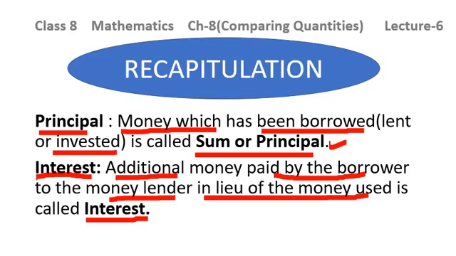So principal is money which has been borrowed, lent or invested, called sum or principal. Interest is the additional money paid by the borrower to the money lender in lieu of the money used.